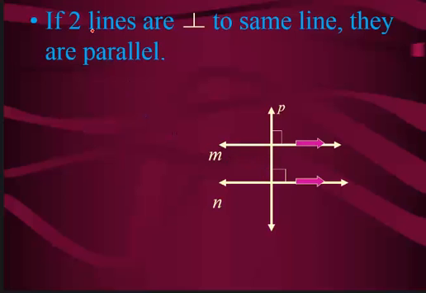Okay, so this really should be two coplanar lines right here. They have to be on the same plane in order to be parallel, because they could be skew if they're not on the same plane.